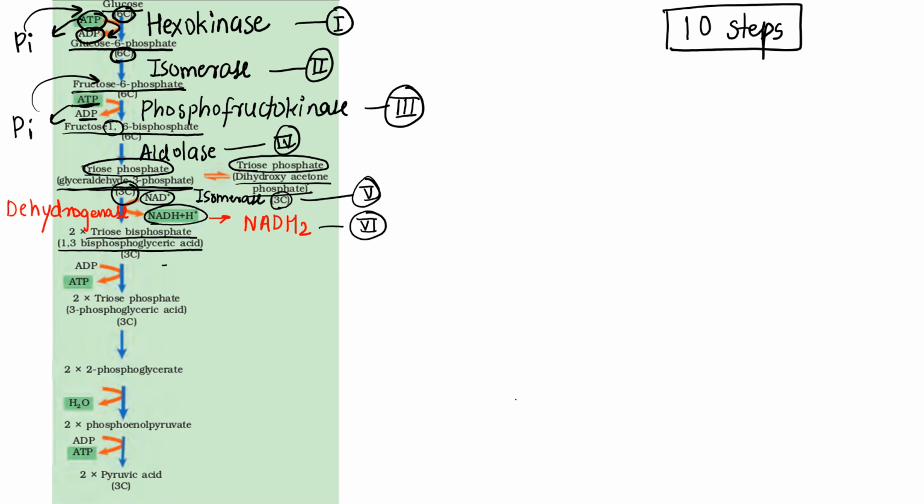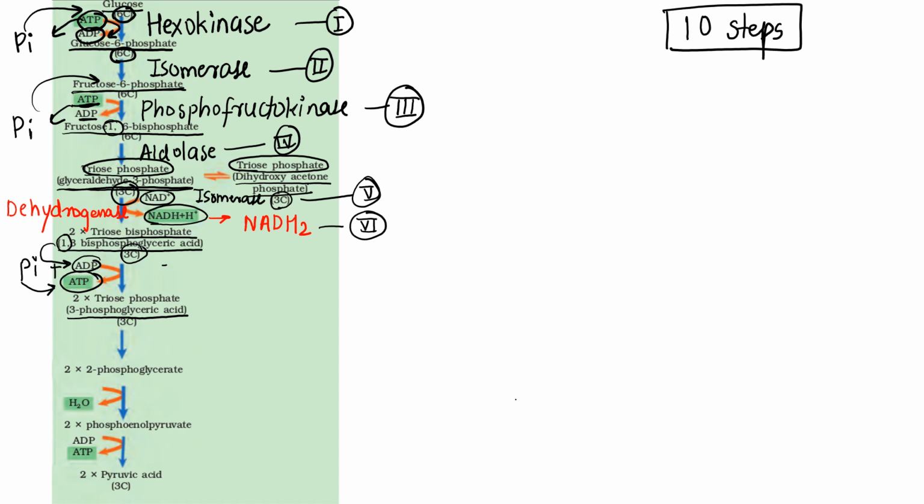In the seventh step, 1,3-bisphosphoglyceric acid, which is a 3 carbon compound, gets converted to 3-phosphoglyceric acid. Here, one phosphate which was attached to the first carbon is removed. That means it was used up somewhere. So it was used to convert ADP into ATP. So ADP plus one inorganic phosphate gives us ATP. So here ATP is produced.